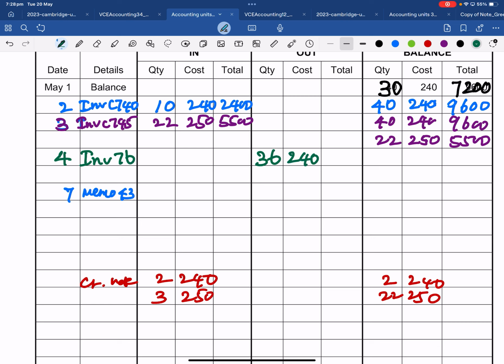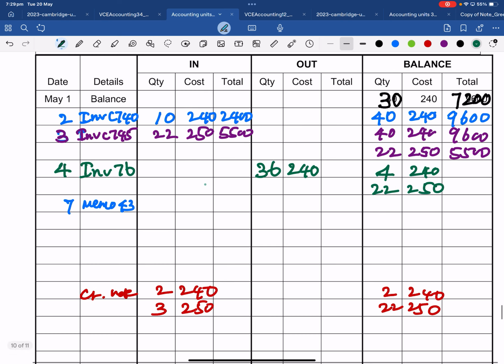Then what would be the balance? 4 at 240 and 22 at 250. Makes sense? Then the memo happens.